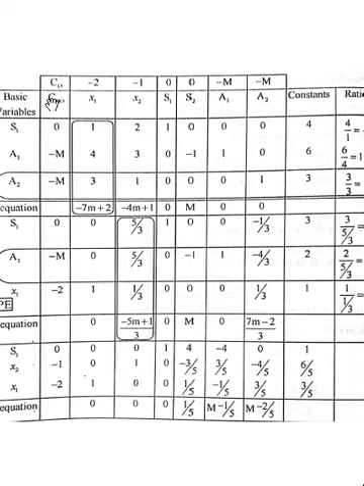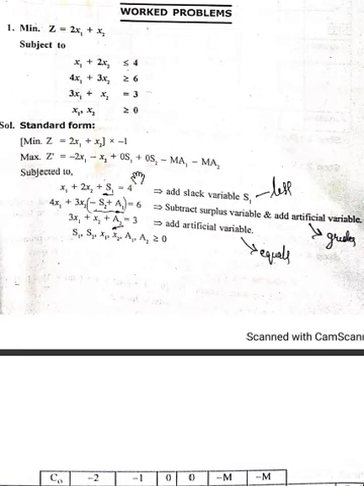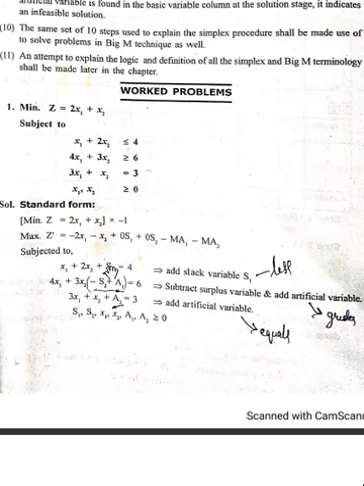On the left hand side we have the initial cost functions, and on another left hand side we are going to have the basic variables. To choose these basic variables, we need to get the basic variables depending on each constraint equation. In the first constraint equation we have the slack variable, in the second we have surplus and artificial variables, and in the third we have the artificial variable.